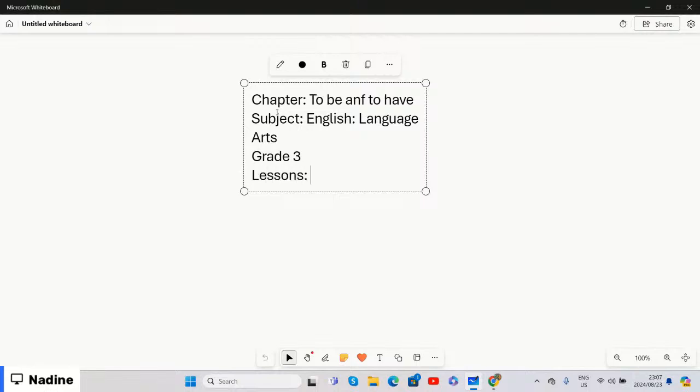And the lessons that we are going to be focusing on under the chapter of to be and to have are to use the correct form to be, and then also to have, and then also to use the correct form.